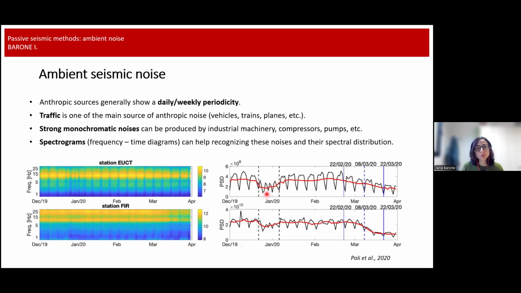People couldn't move, anthropic activities were somehow reduced. So this plot shows that human activities cause very strong ambient seismic noise, and we can clearly recognize a pattern.